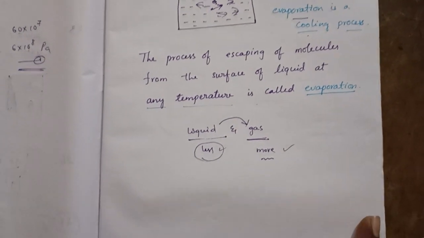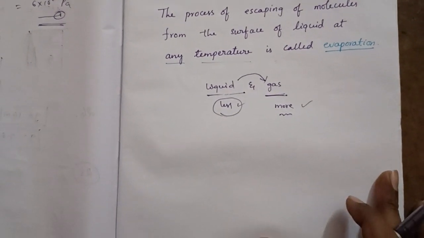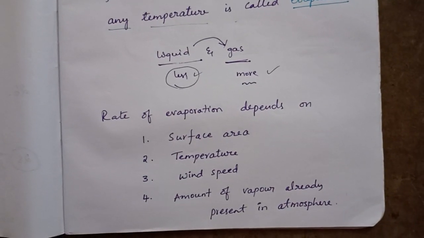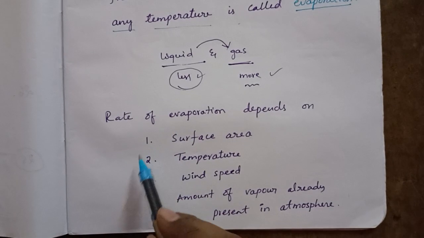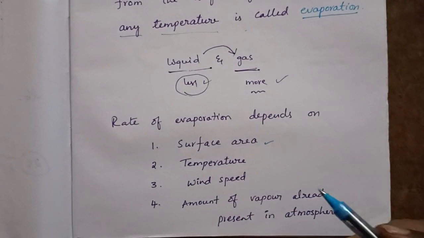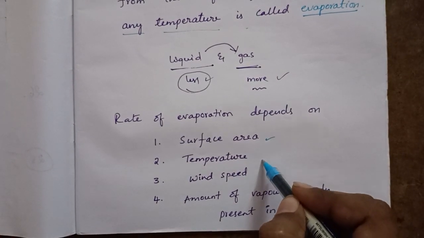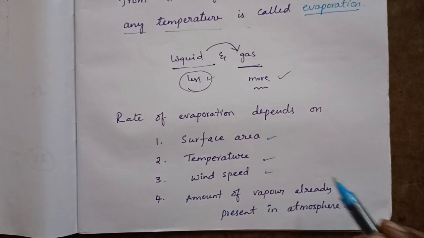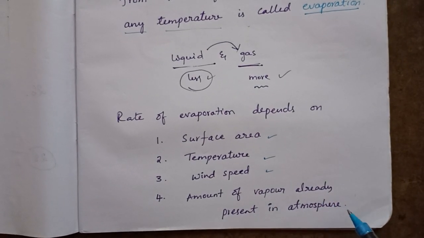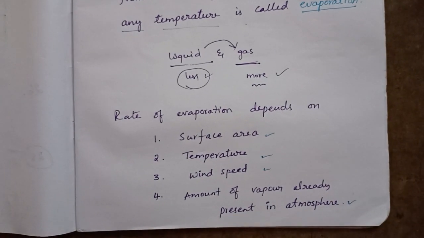Now, the rate of evaporation depends on the following factors. First one is surface area, then temperature, wind speed, and amount of vapor already present in the atmosphere.